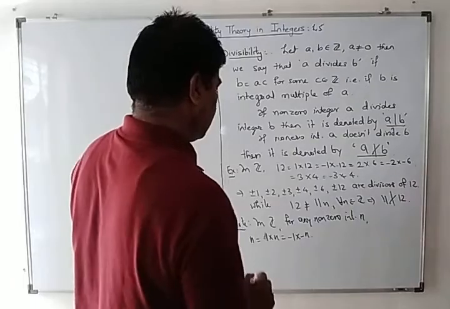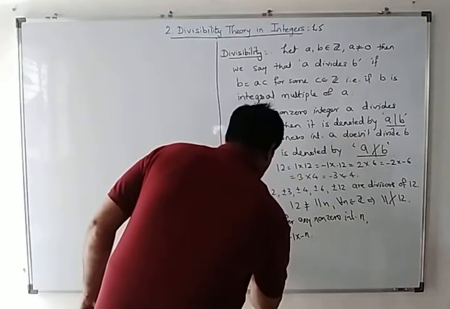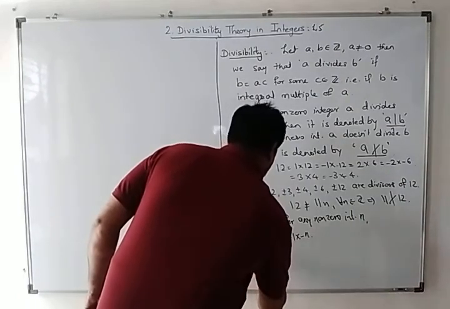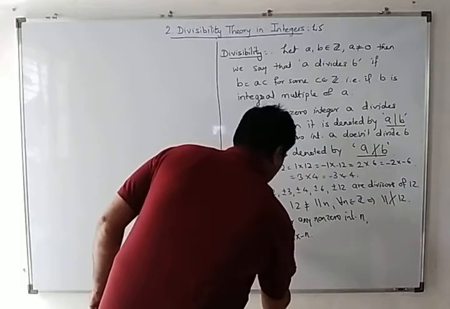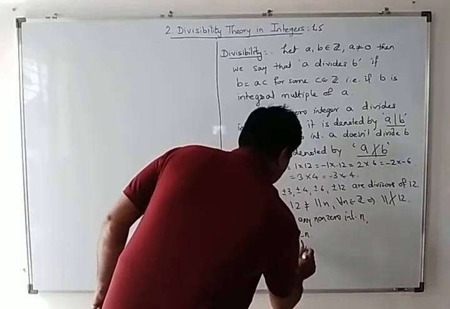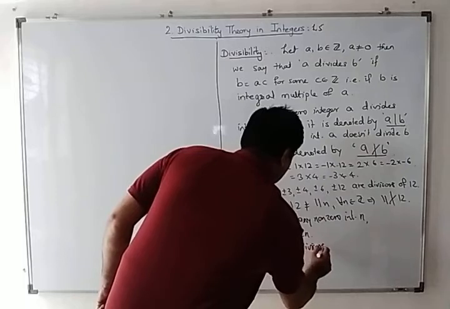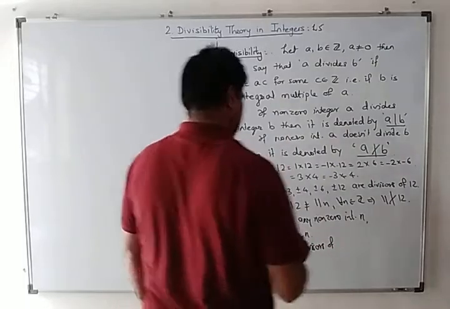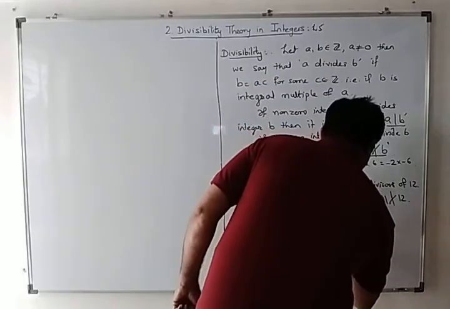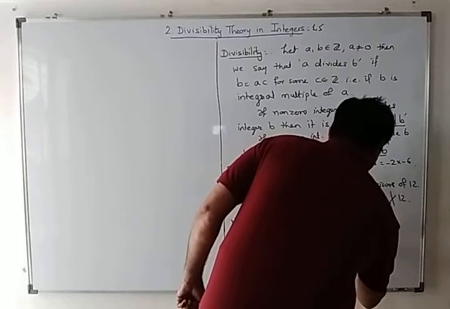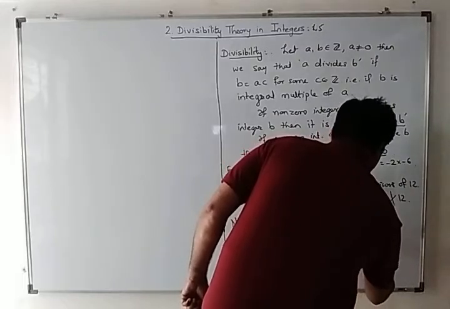This implies plus 1, minus 1, plus n, minus n are divisors of the non-zero integer n.